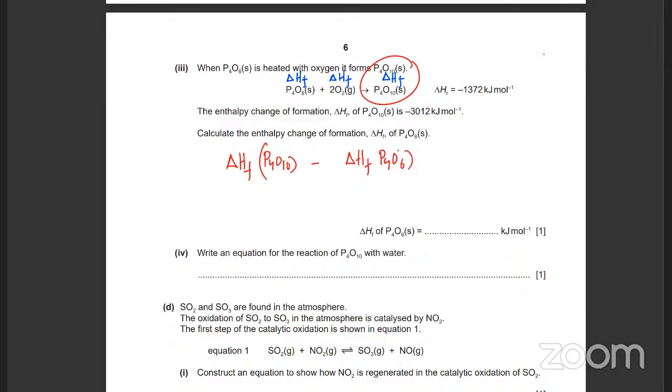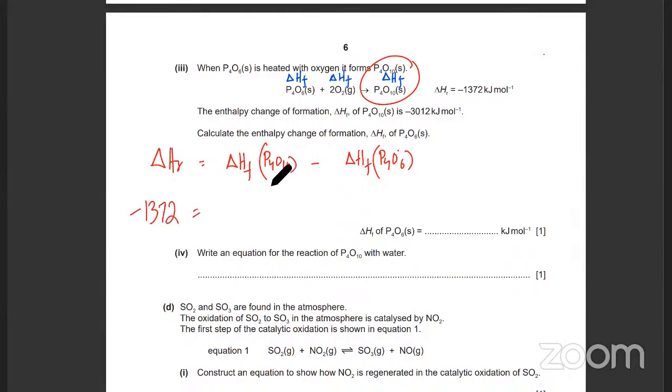In this case, what is the enthalpy of formation of O2, the other reactant? There is none. Okay, that's going to be 0. So the enthalpy change of the reaction is basically equal to this because O2 enthalpy of formation is 0. You already know the enthalpy of reaction, that's minus 1372.